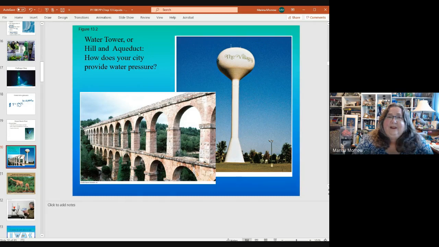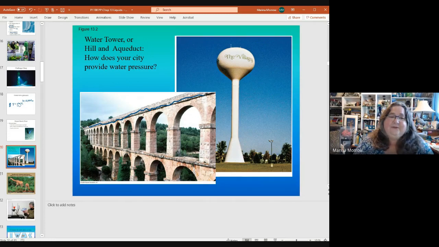Now, if you live near mountains, sometimes the water pressure is provided by the fact that the water is coming from a higher place. So the Romans carried water in aqueducts from the mountains to the city of Rome. Now, the city of Rome had rivers running through it, the Tiber River, but they didn't want to drink that water because the Tiber River was basically the toilet of Rome also.